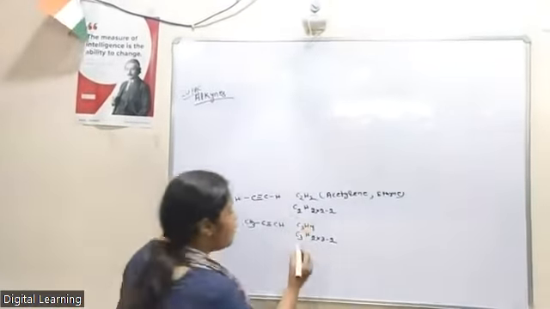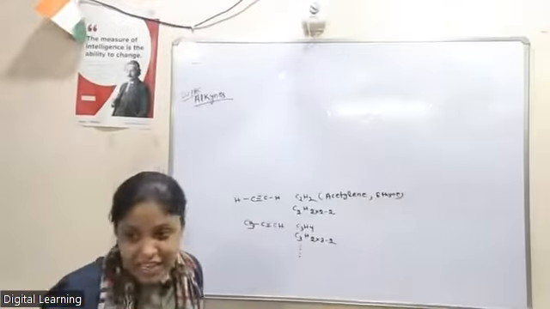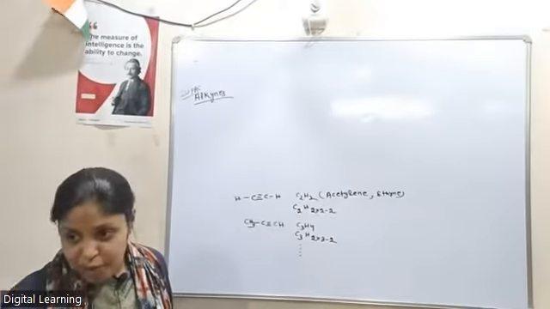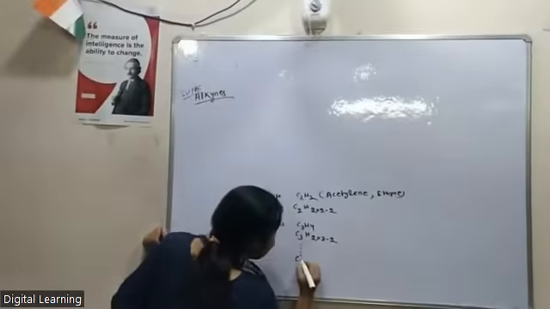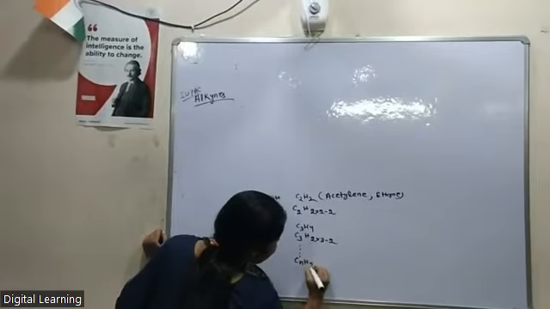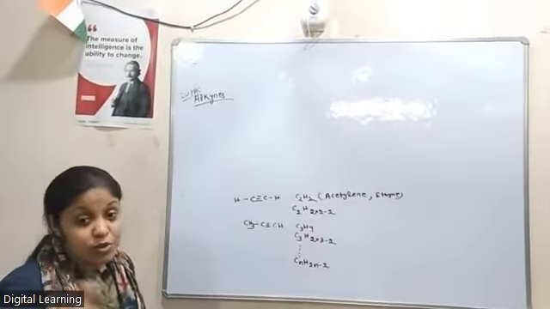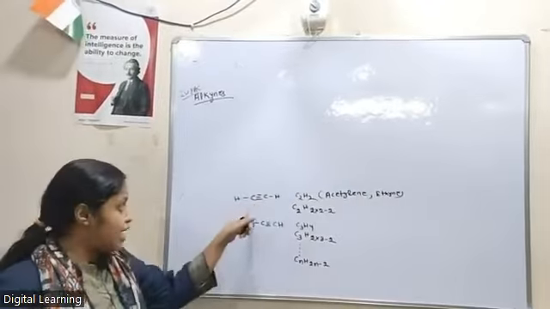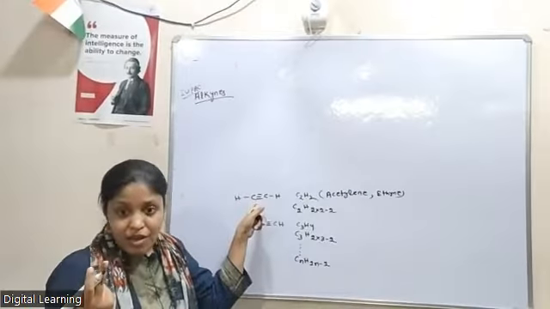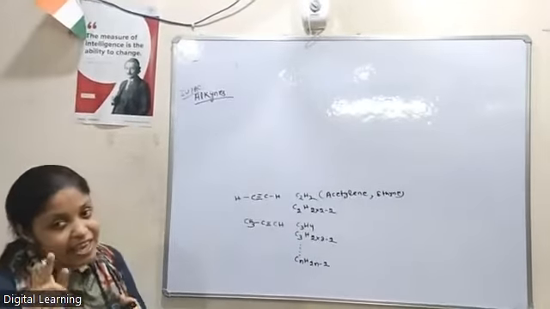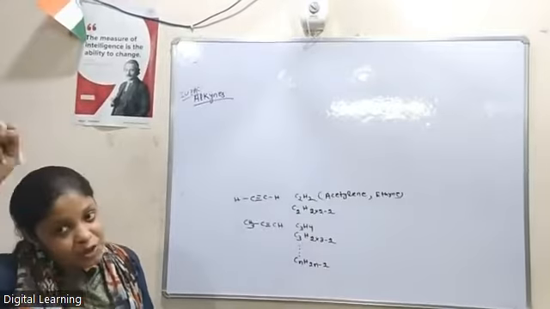Similarly, we can write the general molecular formula of alkyne as CnH2n minus 2, where n is equal to 2, 3, 4. The first member contains 2 carbon atoms. In alkane, CnH2n plus 2.